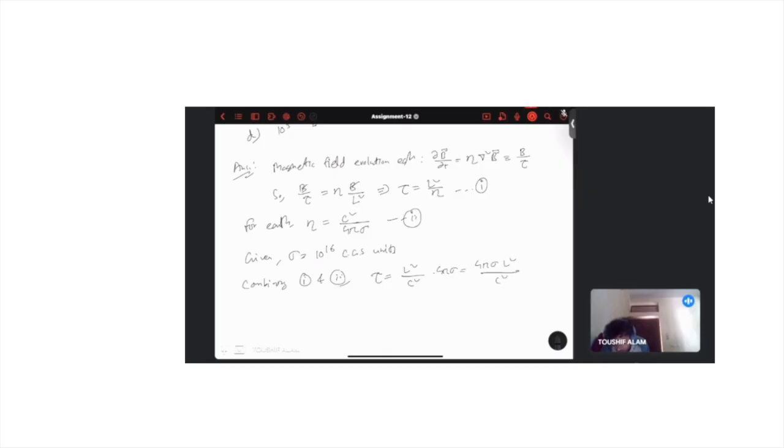So basically 4 pi sigma L square by c square, right? Sigma is given.